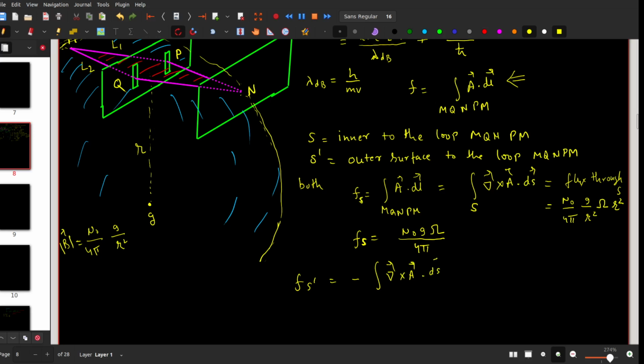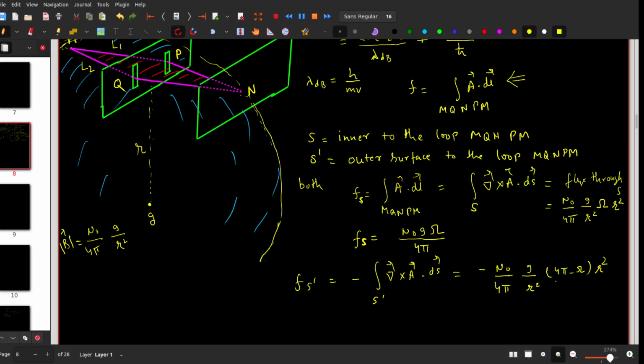This will be equal to minus mu naught upon 4 pi g by R square, and the angle subtended on this complementary surface will simply be 4 pi minus omega, where omega is the angle subtended on S, times R square.